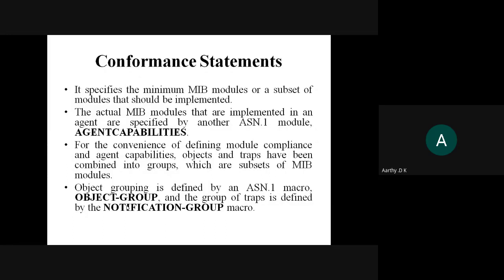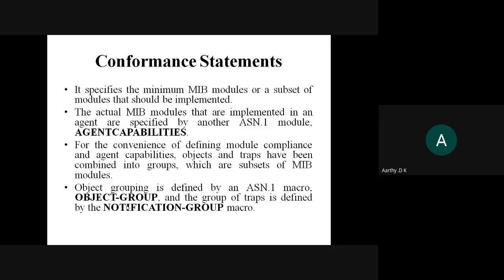Next we have notification group. Notification group is used to explain the trap message. A trap is a kind of notification message, right? For example, as I told you yesterday, we can have a message saying that the link is up or the link is down.